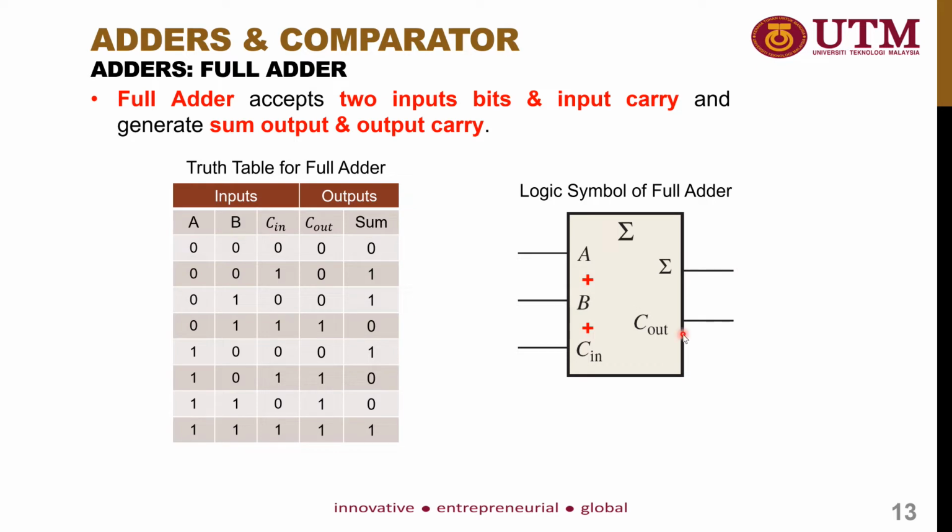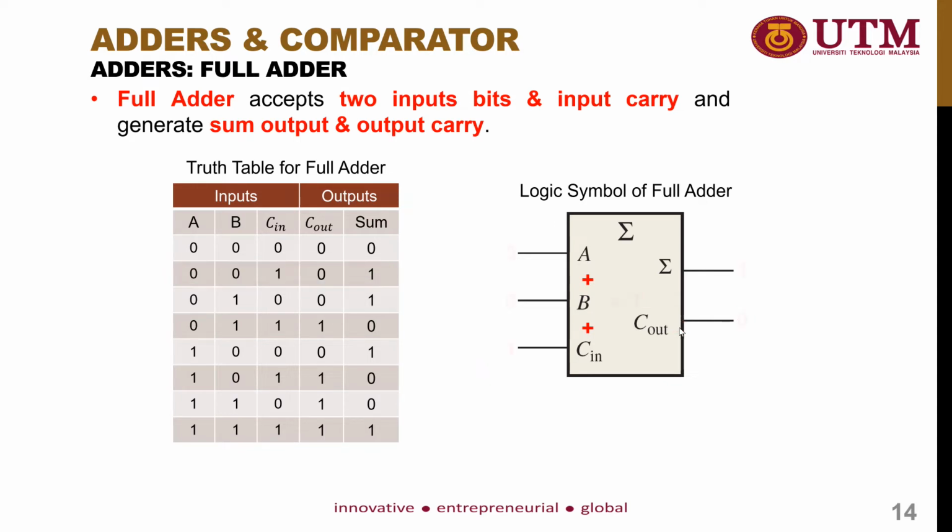Next is when A equals 0, B equals 0, and Cin equals 1. The output will become 1 because 0 plus 0 plus 1 equals 1. This time, the output also has only 1 bit, so it goes directly to the sum and no carry will be produced.